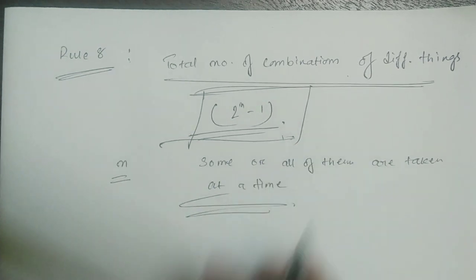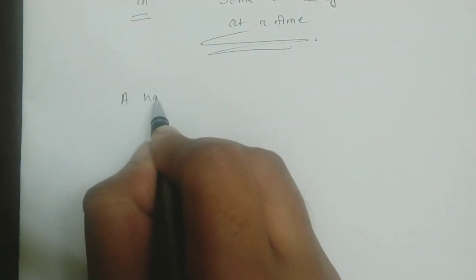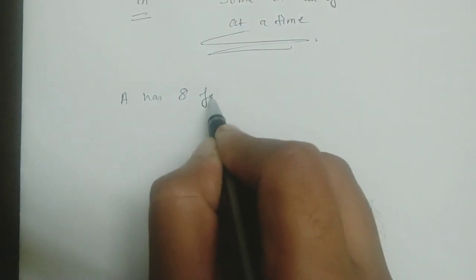Okay, let's try to understand it with the help of an illustration. Let's say A has 8 friends.